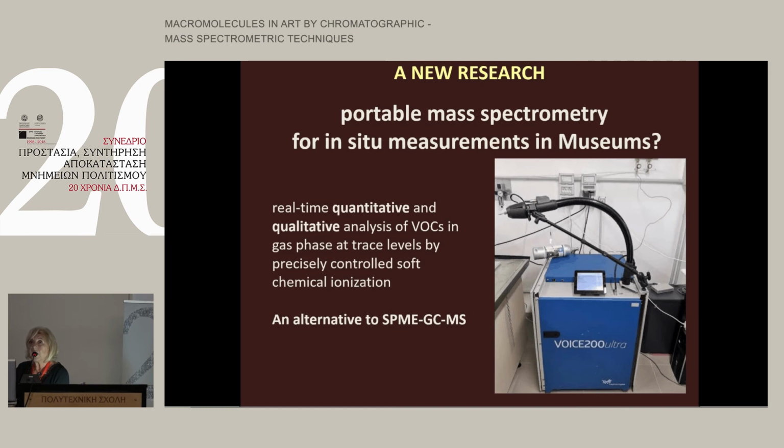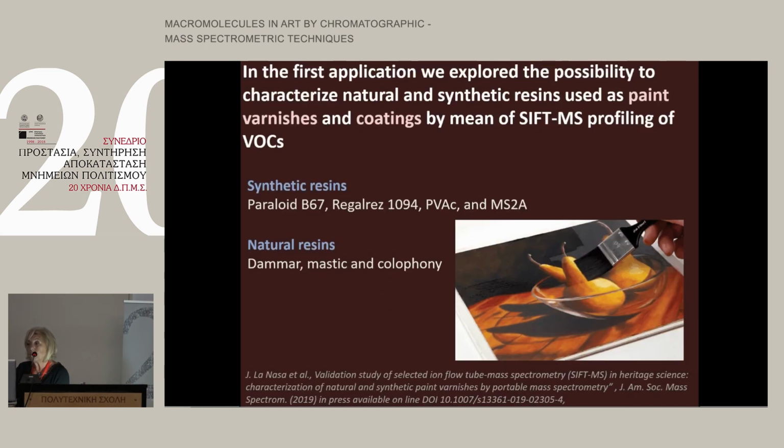Obviously, we had to validate the procedure in the lab, so we have tried and we have that data for synthetic resin and natural resin on specimens made in the lab.